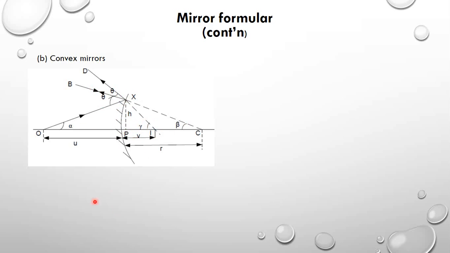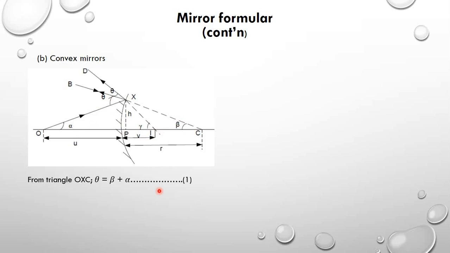And also the same thing, we are going to consider the triangle OXI. If you consider the triangle OXI and also the triangle OXC, we shall come up with two equations. So let's start by looking at the triangle OXC. That will give us alpha plus beta equal to theta, and therefore theta is equal to alpha plus beta.